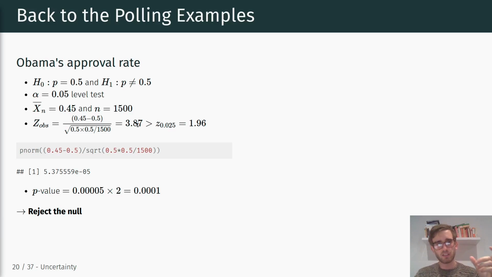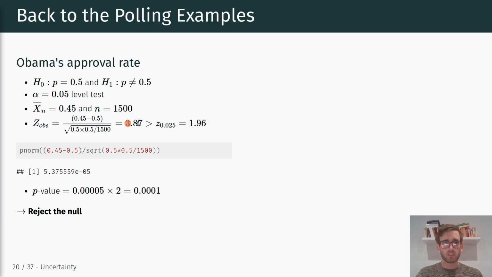And now the question is, under the null hypothesis, as we said, given the central limit theorem, this z-score is distributed according to a standard normal distribution. So we can directly look up how likely it is to observe a value of 3.87, assuming a sampling distribution that follows a standard normal distribution with mean 0 and standard deviation 1, where our critical value, if we assume a 5% significance level, is of course 1.96.